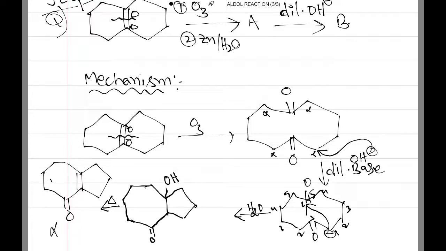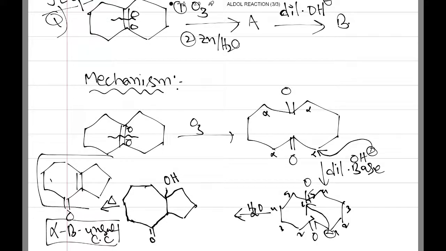So this is the alpha beta unsaturated carbonyl compound. Remember this reaction carefully, very important. Right, next I am taking one more.